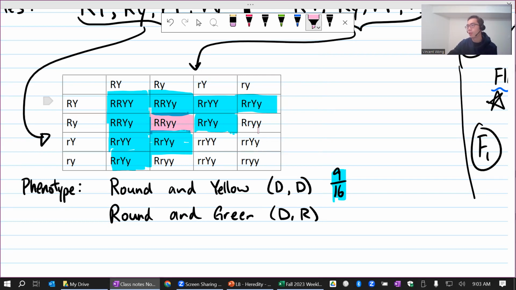How many round and green in total? Right, there is another one. Round and green. Green is little y, right? There is another green. That's all. Right? So 3 out of 16.